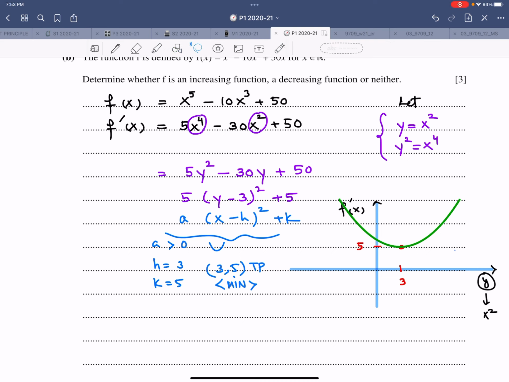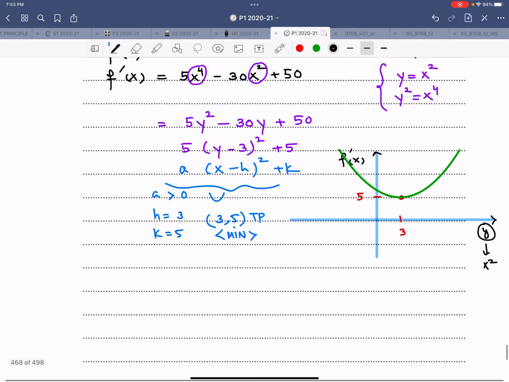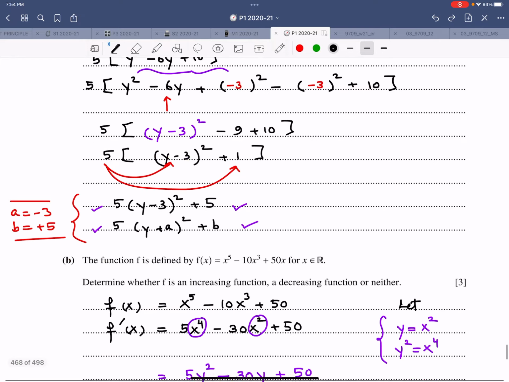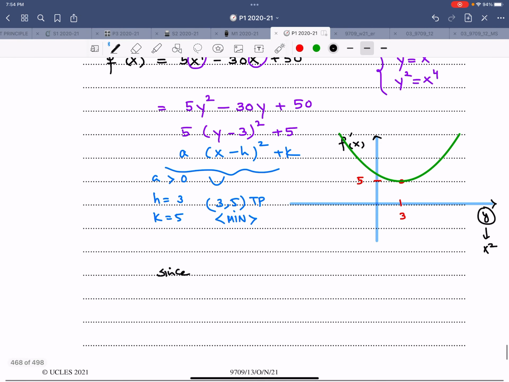Now we can see, and we can also say that since x is an element of real numbers, x square is also an element of real numbers, all real values of x, that is the same thing as y.